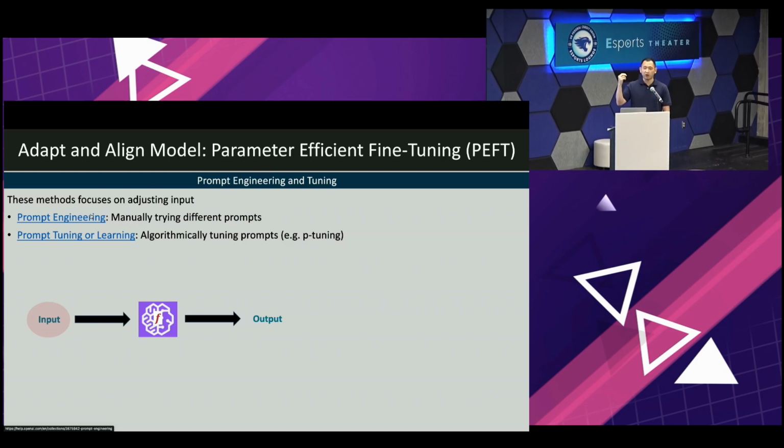You don't want to give garbage to the model because it's going to spit out garbage. So you want to make your input better to get a better result, right? And when people say prompt engineering, it means manual trial and error. They manually try different prompts to see which prompt gets you a better output.